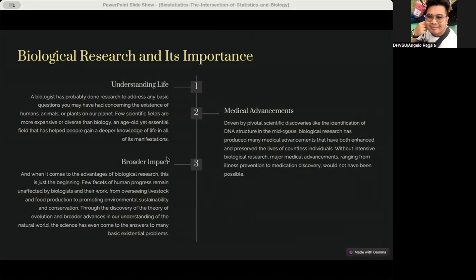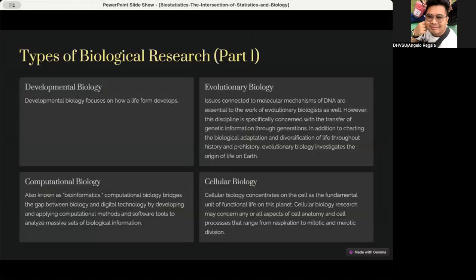So the following topics can be explored in biological research. There are actually 18 topics that you can consider.